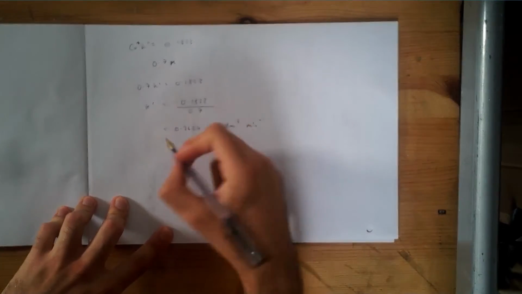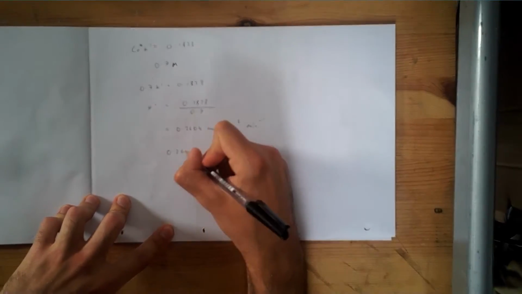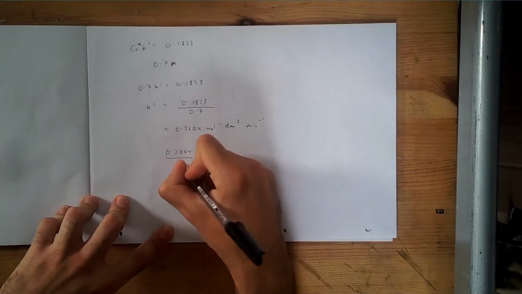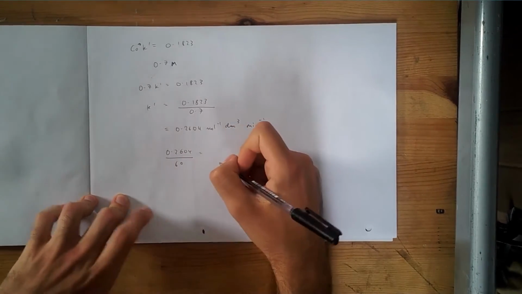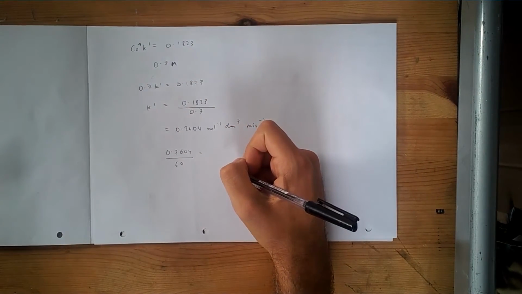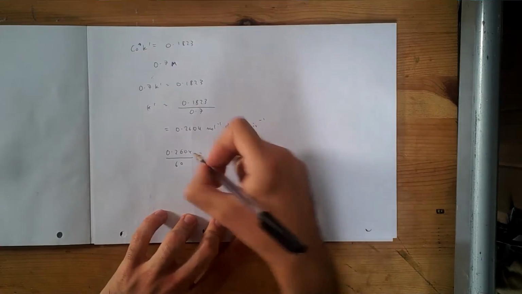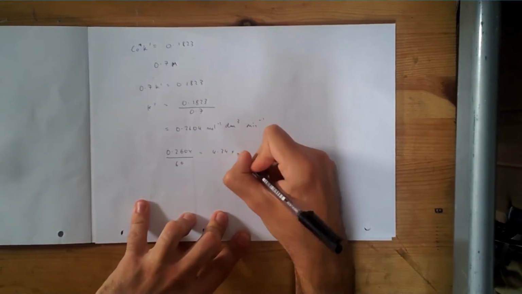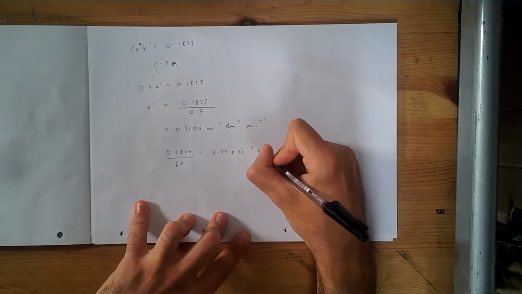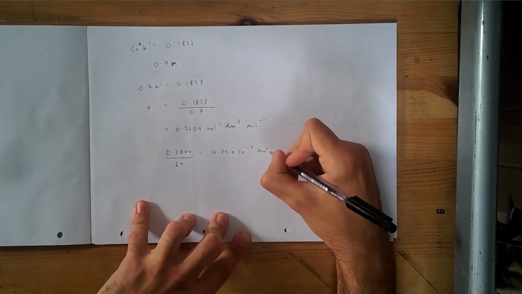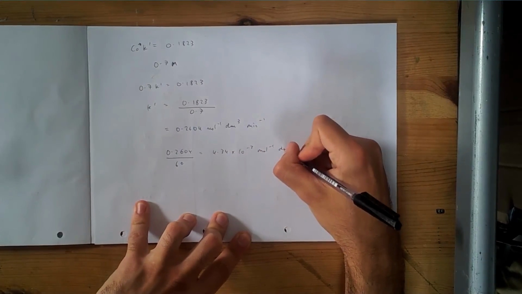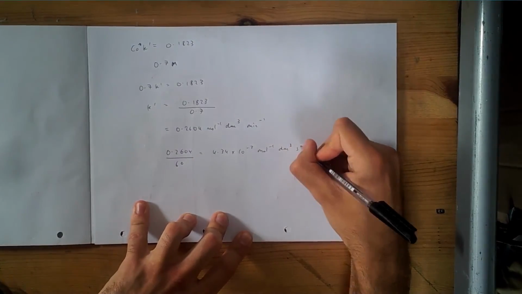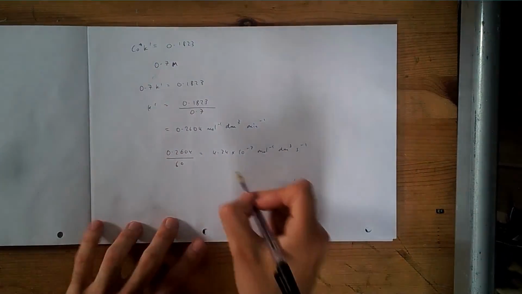So for the actual unit, 0.2604 divided by 60 is equal to 4.34 times 10 to the minus 3 moles to the minus 1 decimeter cubed per second, and that is your final answer.